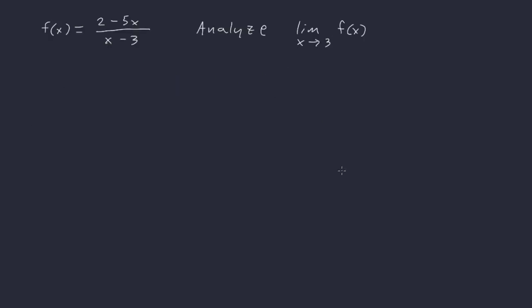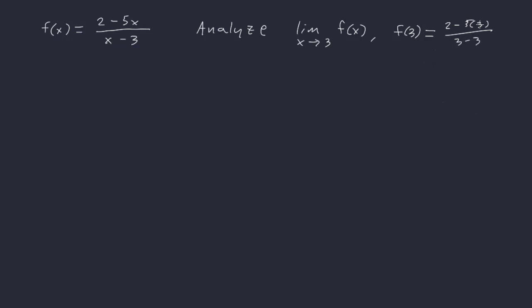Okay, so to look at another example, let f of x equal 2 minus 5x over x minus 3, and we want to analyze the limit as x goes to 3 of f of x. So if we just look at f of 3, that's going to be 2 minus 5 times 3 all over 3 minus 3.